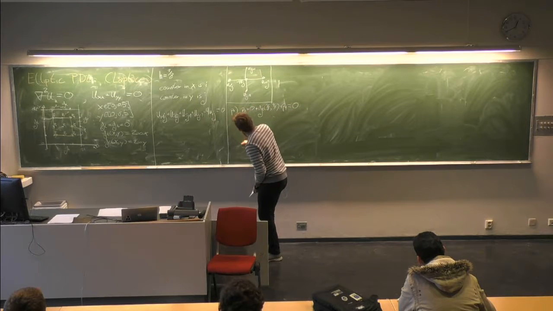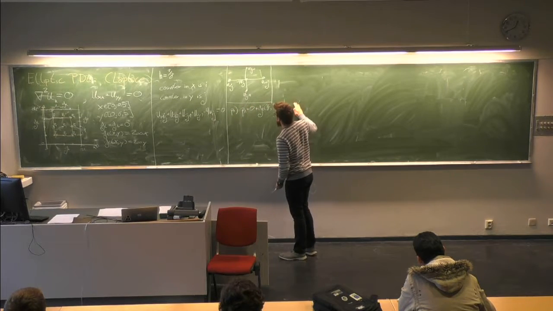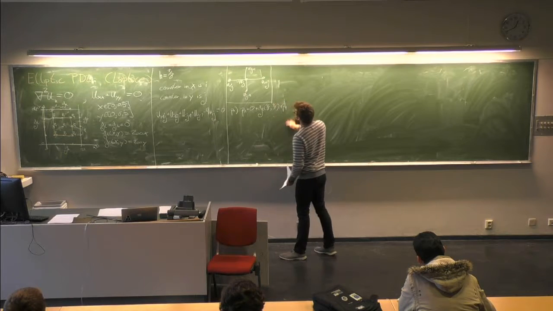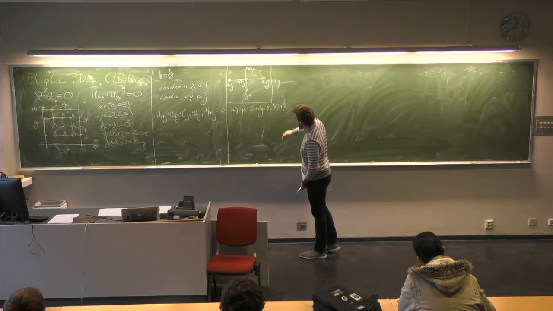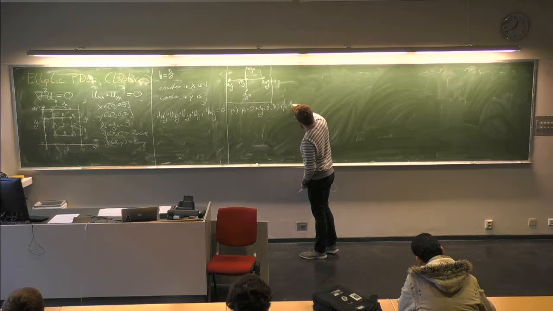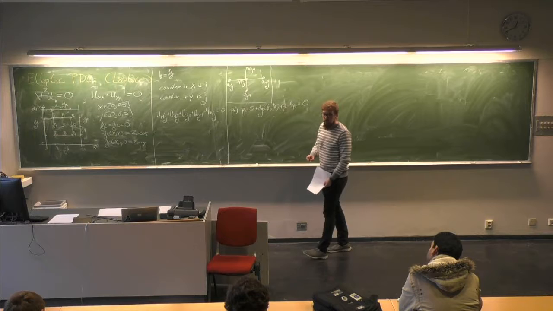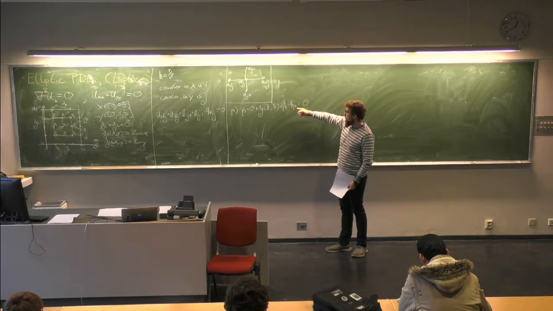If we do the same for P2, minus 4 of P2, it's 0. Then we can solve this equation.